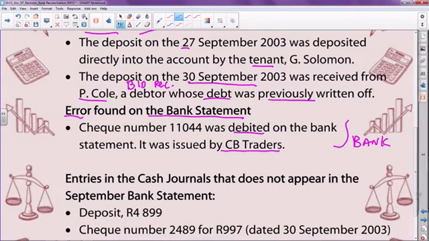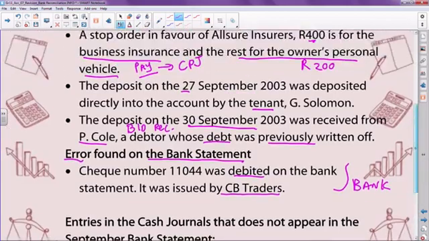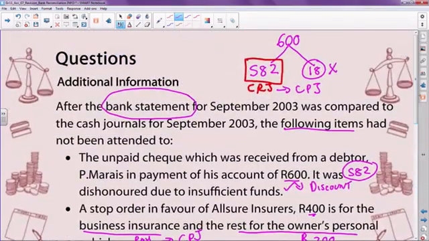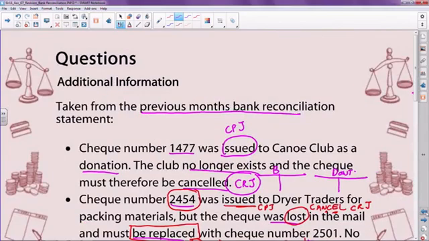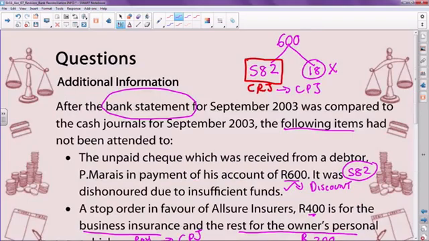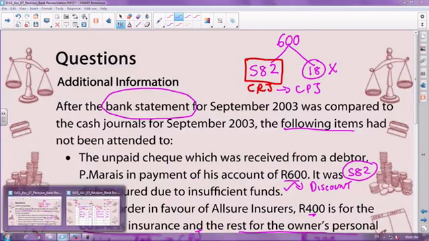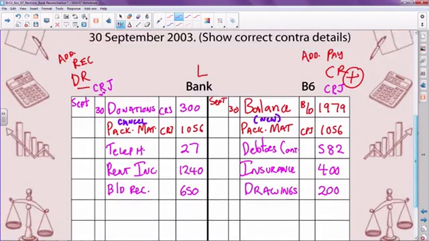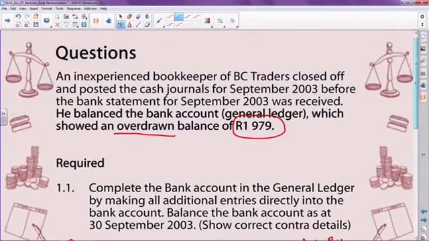This is why it's very important that in the beginning, you guys make sure that you know exactly who the business is. So I'm just going to go quickly to the beginning of the exercise. Let's go to the information sheet. We should find it here. Remember, you are the accountant for BC Traders.